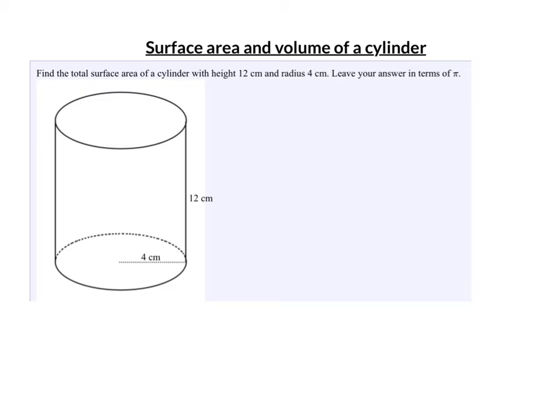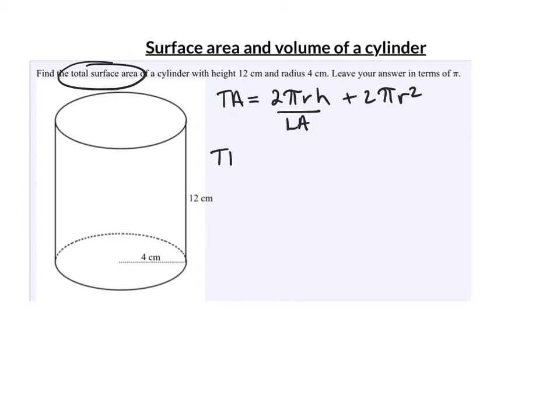Just like I've done before, this question is asking for the total surface area, but I'm going to do both the surface area and the volume so you have an example of each. So let's find the total surface area. So the total area is the lateral area, 2 pi r h, that's the lateral area, plus two circles, 2 pi r squared.